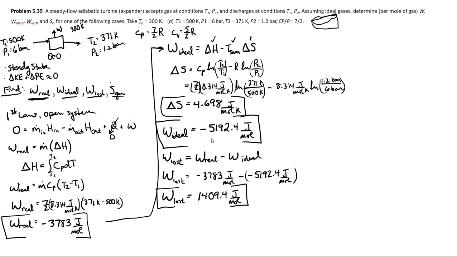All right. There's also another way you can do the lost work. This equation was equation 5.25, and we used it because we had just calculated these values. We could have also used equation 5.27.